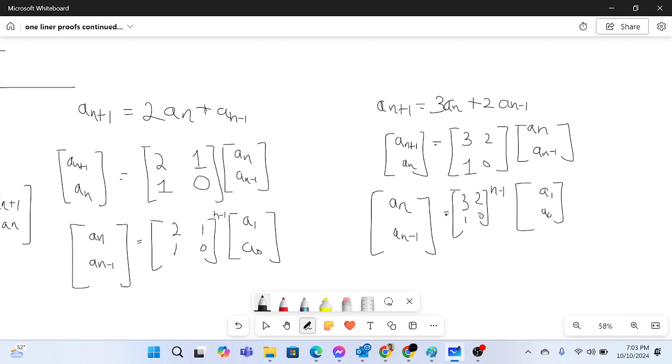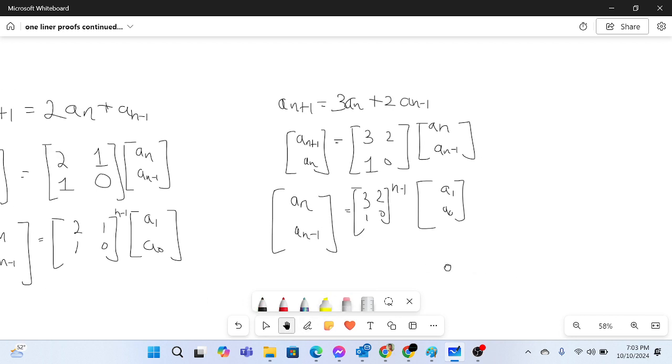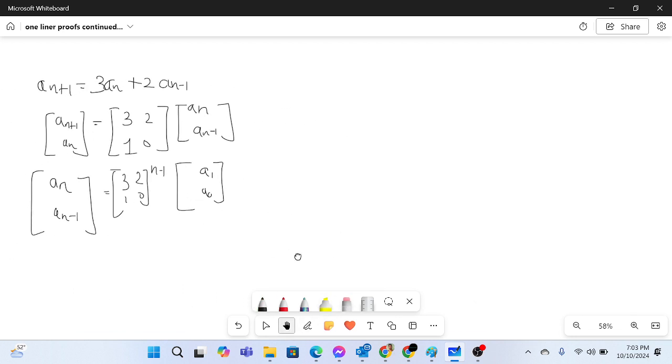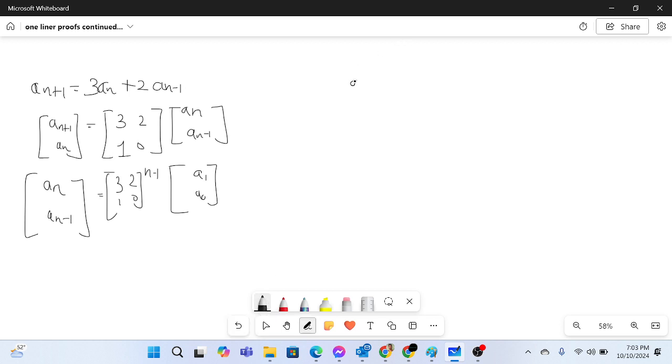See? Now let me show you how we do it if there are 3 terms. Let's say a(n+1) equals 3a(n) plus 2a(n-1) plus a(n-2). In this case, how will you do it? For every next vector with 3 coordinates, we need the previous vector with 3 coordinates, right?